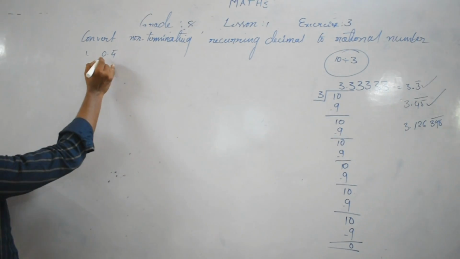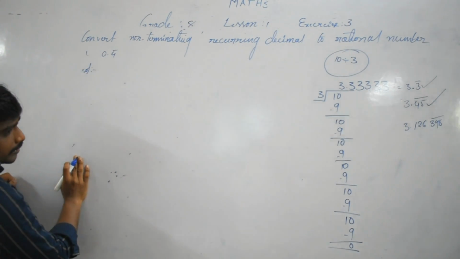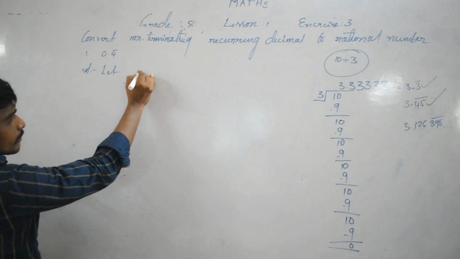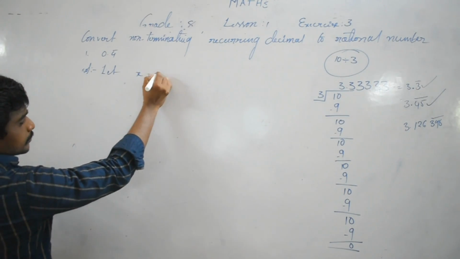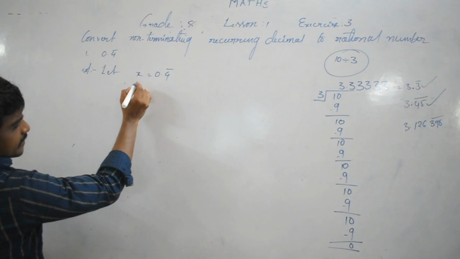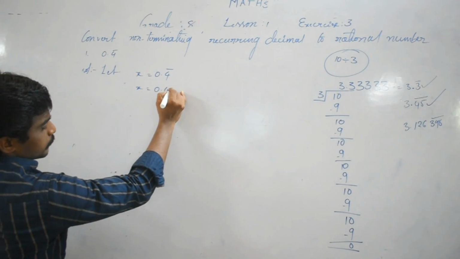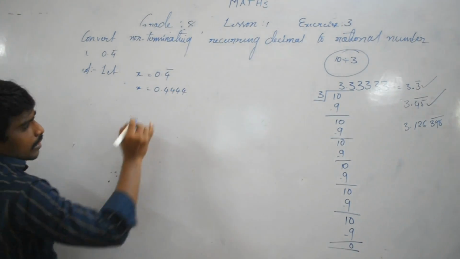So here, 0.4 bar. Let x equal 0.4 bar. So x equals 0.4444 and so on.